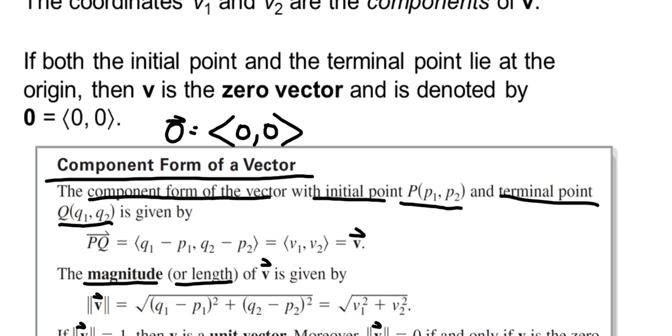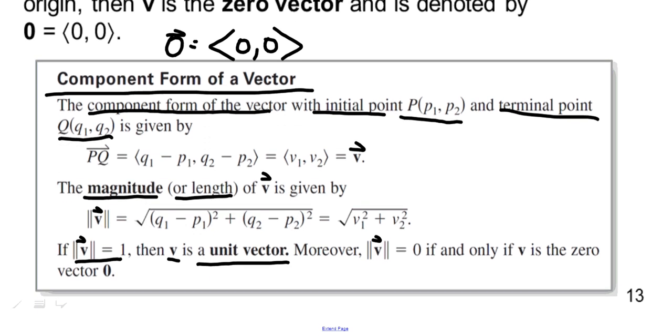So here is the information you need to know about the component form of a vector. The component form of a vector with an initial point P, which we're denoting P1, P2, and a terminal point Q, which is Q1, Q2, is vector PQ equal to the components Q1 minus P1, comma, Q2 minus P2.